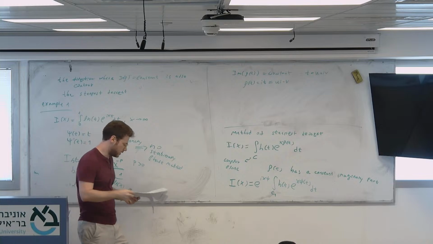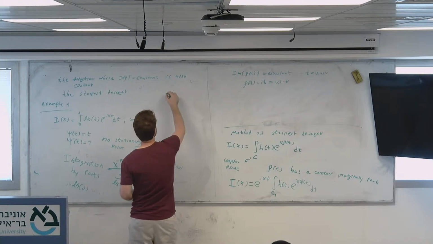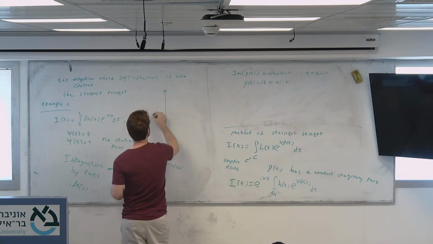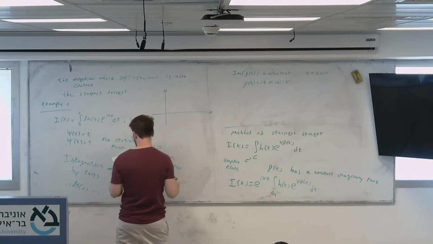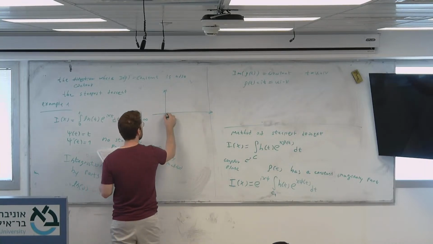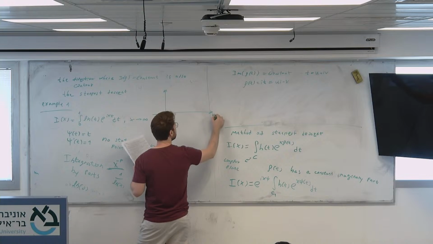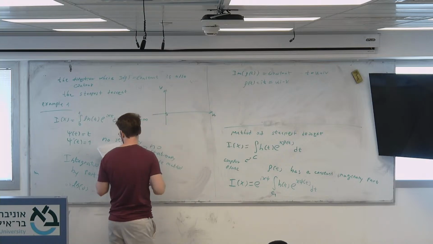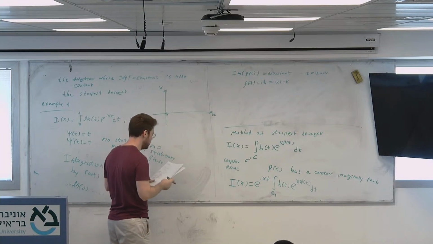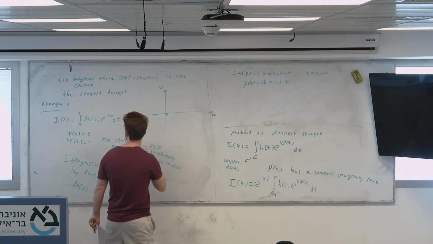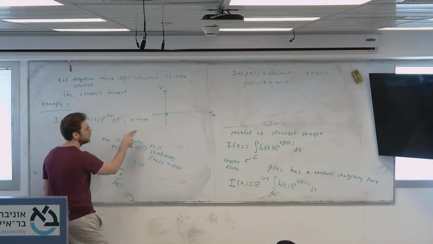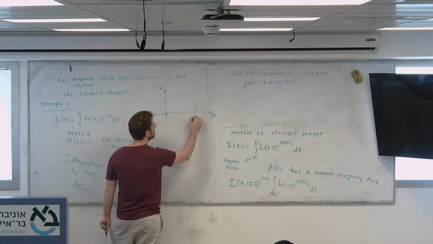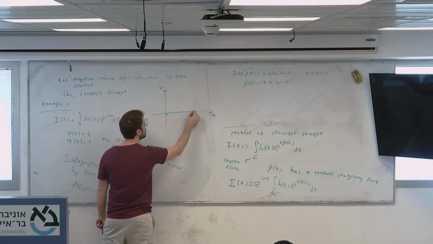So you have the complex plane. We have here 0, this is u, this is v. The original integral is from 0 to 1 on u, so this is the original one.